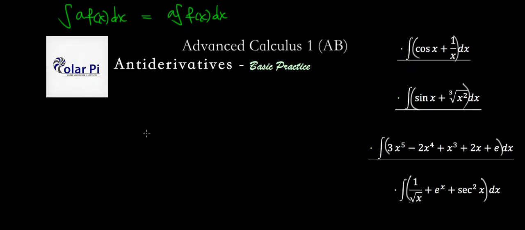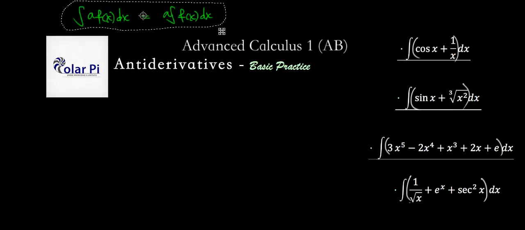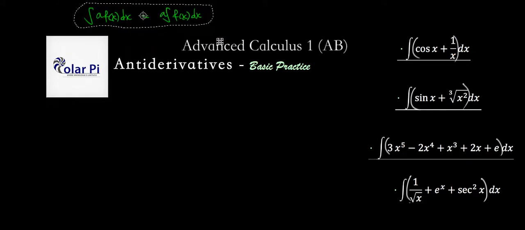Okay, cool. That's one thing that's true about antiderivatives, but we need a couple more properties in order for us to go through the examples successfully. So what are these other properties?